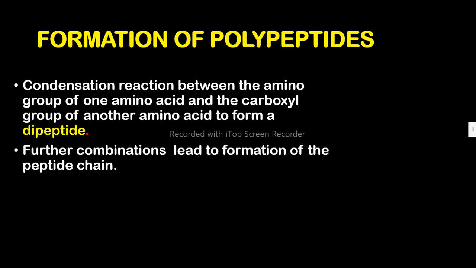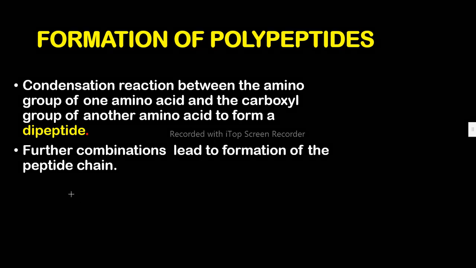If you have amino acid A and amino acid A condenses with amino acid B, then you're going to form a dipeptide bond, or a peptide bond, between the two amino acids.